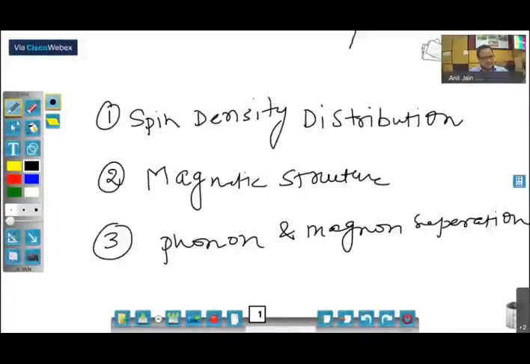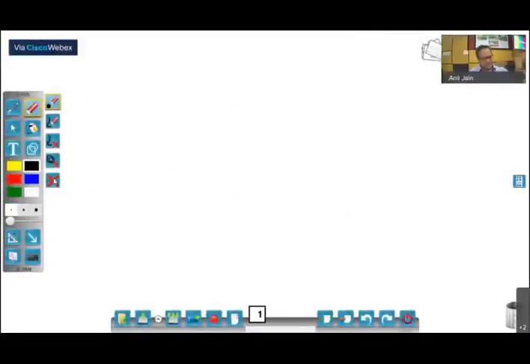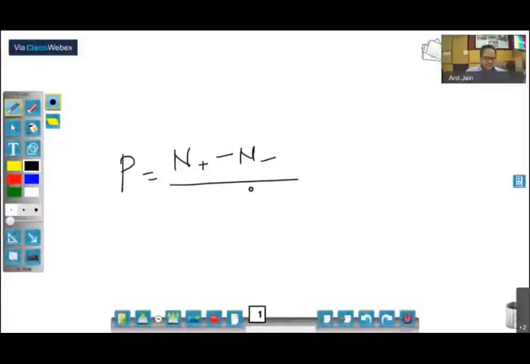And I introduced in the last lecture how we define the polarization of the beam: P equals N plus minus N minus, over N plus plus N minus. This is how we define the polarization of the neutron beam.